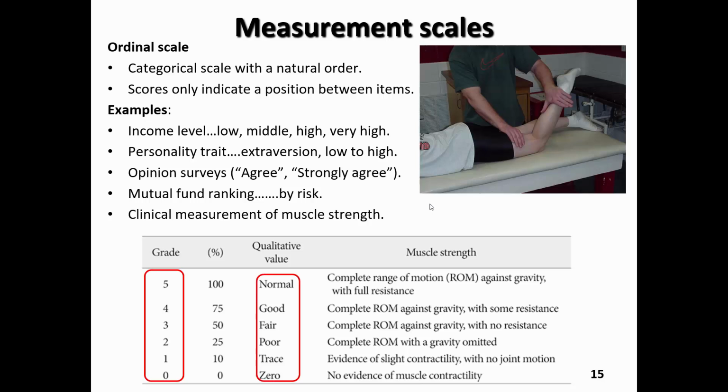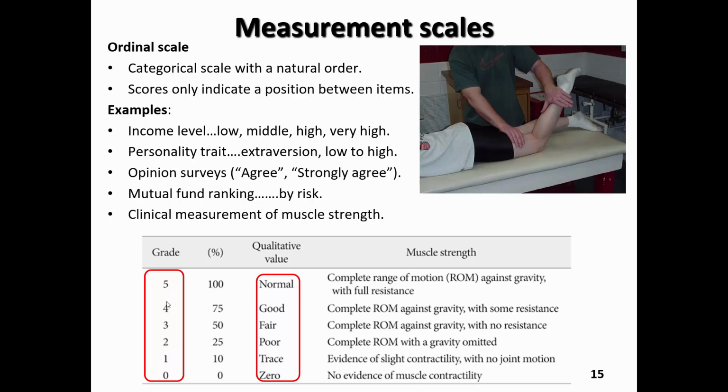And the therapist would use a predefined ordinal scale of grading that muscle strength from a value of 5 all the way down to 0, and as you can see here, there is a clear definition for each of these values.